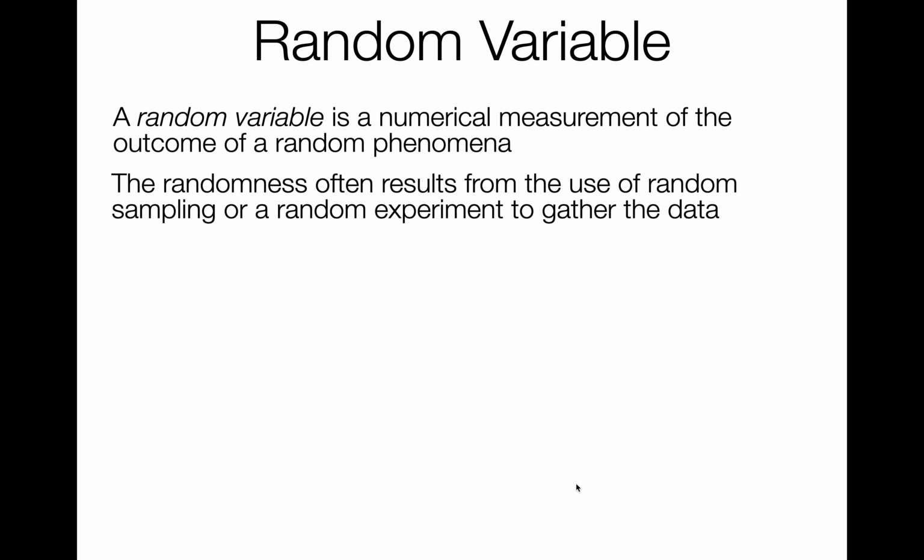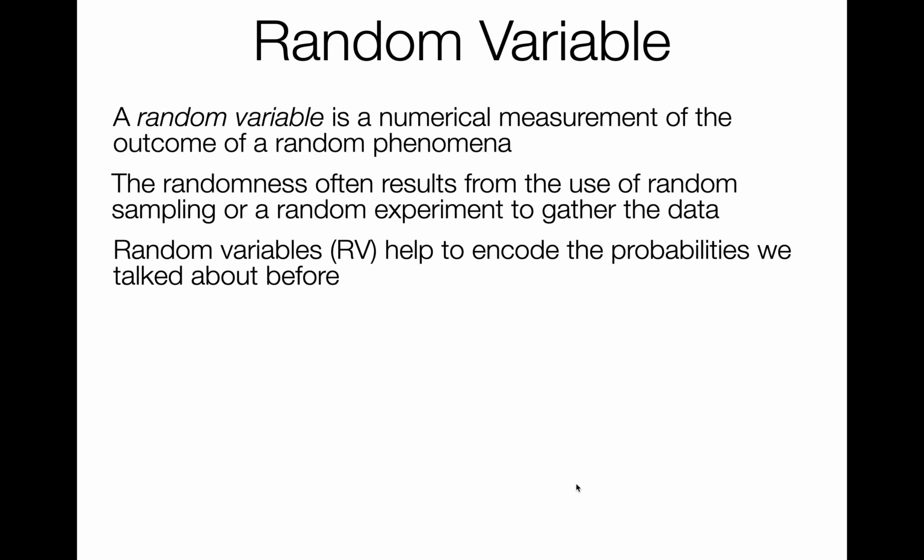The randomness of the random phenomena often results from the use of random sampling, which we talked about in Chapter 4, or a random experiment to gather data, also Chapter 4. Random variables help encode the probabilities that we talked about in Chapter 5.